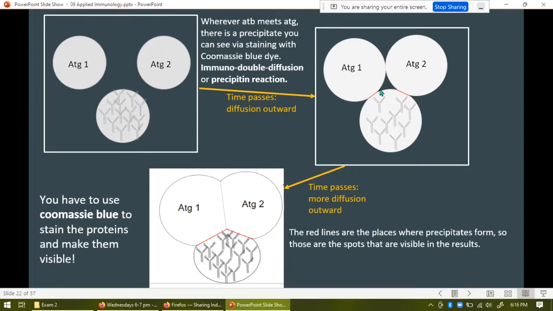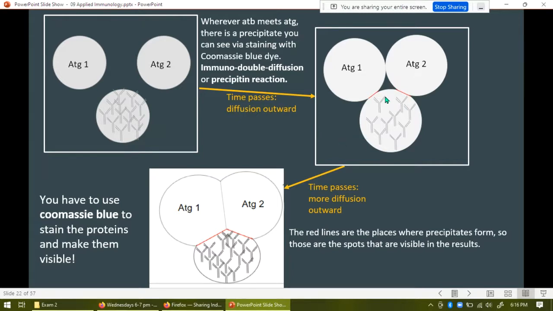Now eventually those circles begin to overlap, and wherever they overlap, you have antigen meeting antibody, and you begin to form the precipitate, right? So this is antigen 1 binding to anti-1 antibodies, and this is antigen 2 binding to anti-2 antibodies.